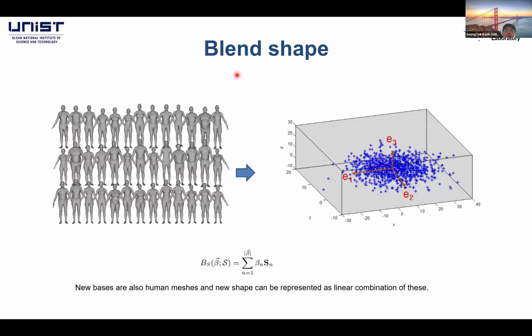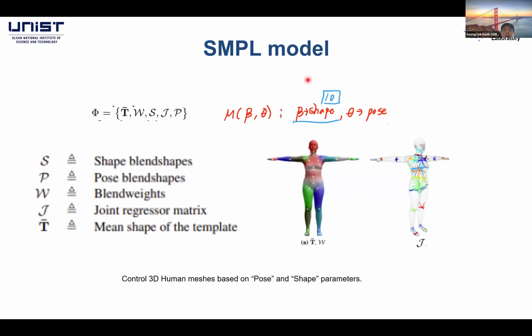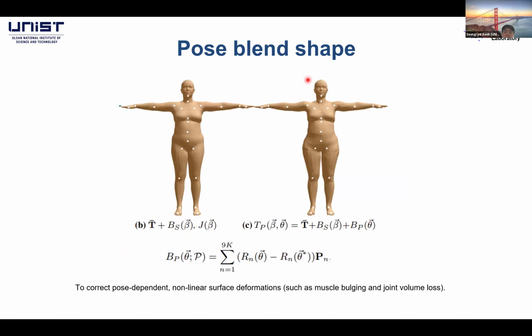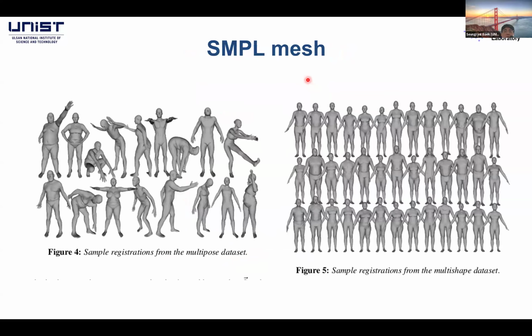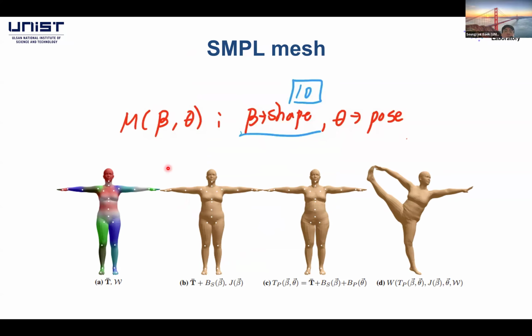And blend shape is controlling the shape, okay? And after that, this is the last part. But even without this, we can already control the shape of the person, and we can also control the mesh already, okay? So as I mentioned previously, we already know about this beta, which is the PCA coefficients, and theta is the angles of the joints.